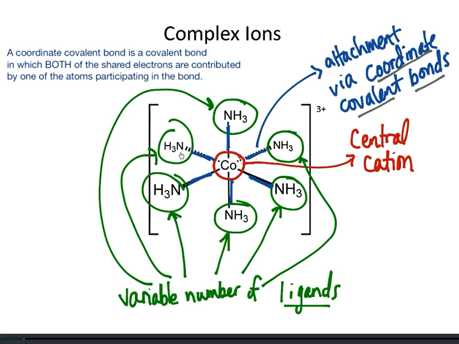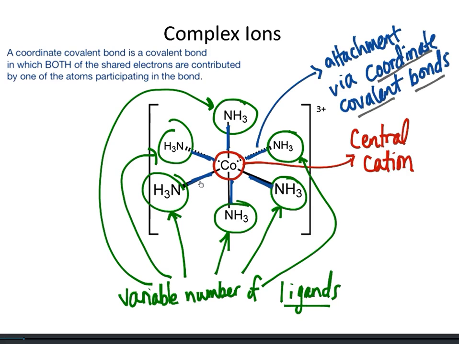That central nitrogen has a lone pair of electrons on it. That lone pair is donated, in this case, to the cobalt to form that covalent bond. And then each of those 6 donated electron pairs forms 6 coordinate covalent bonds. So there are 6 ligands attached, in this case, to the cobalt-3 ion.